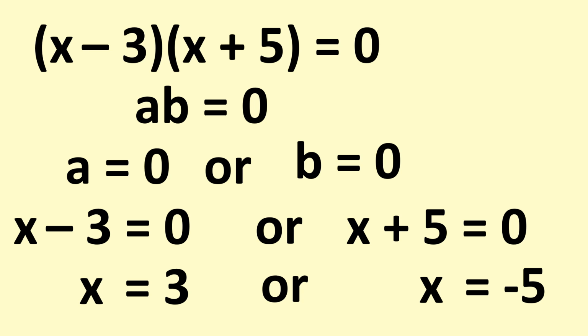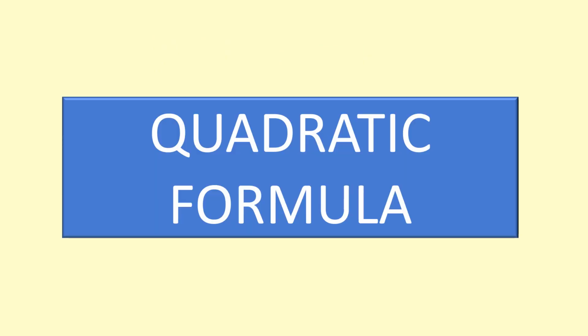It meets the 0 there, so it becomes minus 5 plus 0, which is minus 5. So in a nutshell, we have solved for x equals 3 and x equals minus 5 using the factorization method.